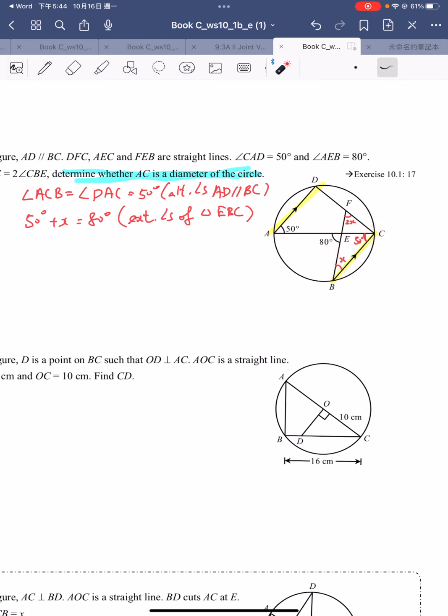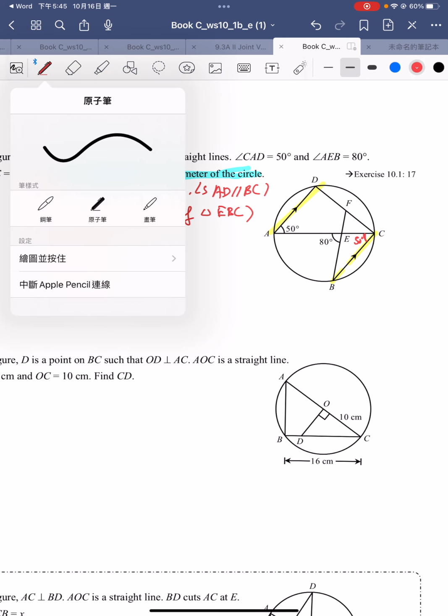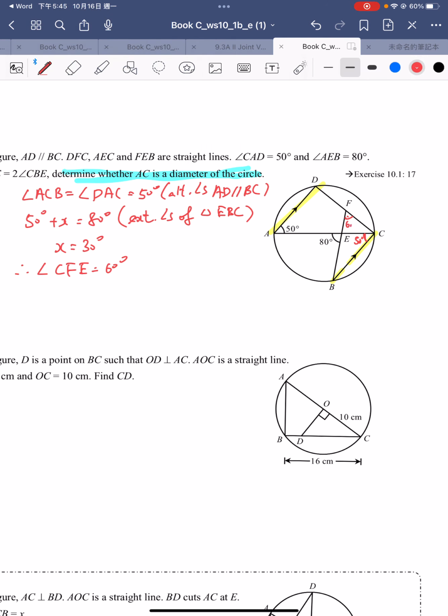Now we can solve for x equals 30 degrees, and as CFE is 2x, the angle CFE is equal to 60 degrees. So now we have this equal to 60, this equal to 30.